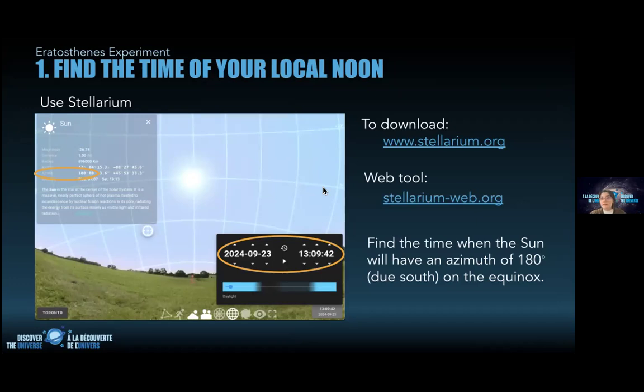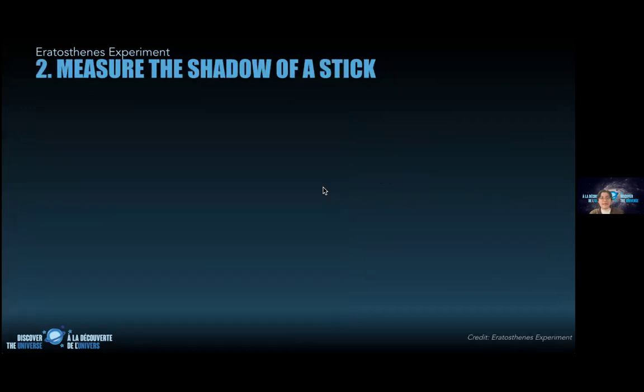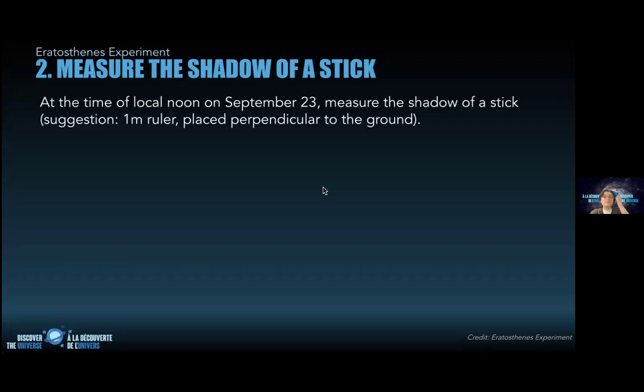Now, for the second step, you'll want to measure the shadow of the stick. So at your time of local noon on September 23rd, you will measure the shadow of any stick. You can even use a water bottle if you'd like. Anything that can stand vertically on the ground.